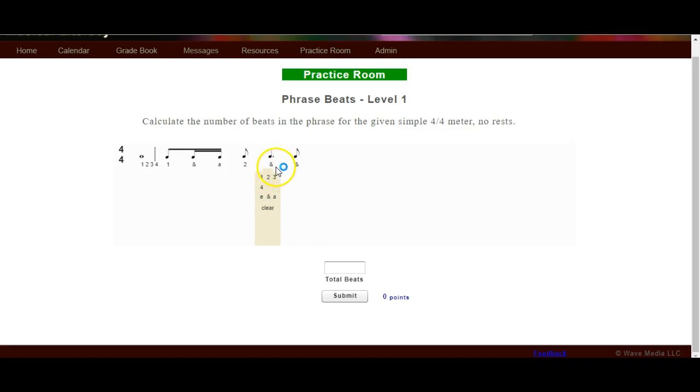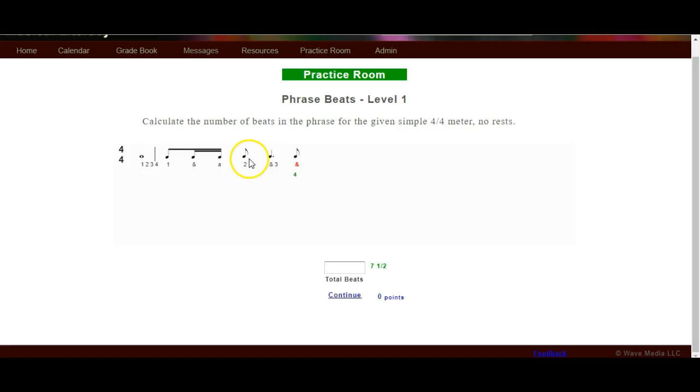Now they're gonna make us put 4 in here or 3. 1 and a 2 and 3 and let's see what they say. 4. Oh, they want 4 in here, but 4's not there. 4 would be here.